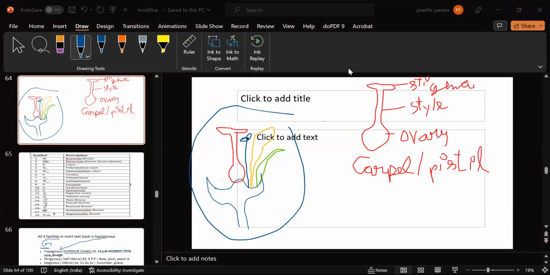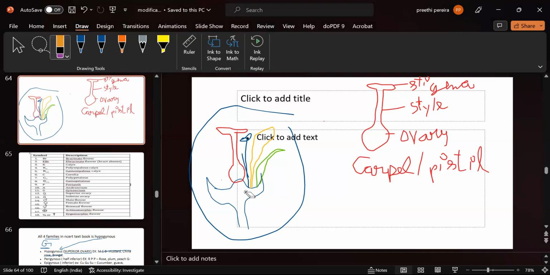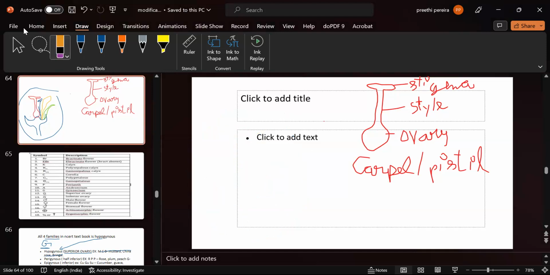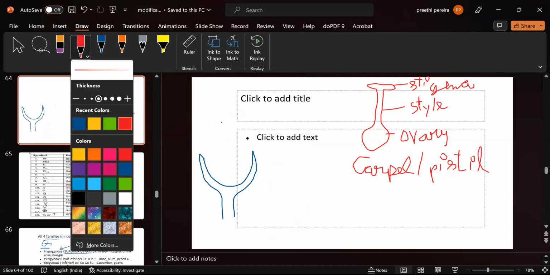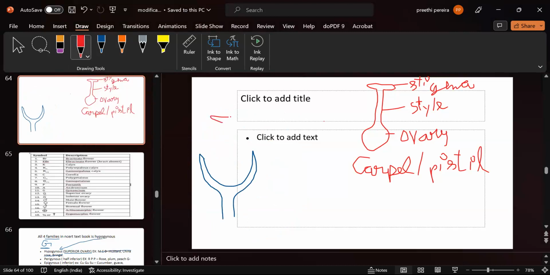Next, we are going to see a different kind of flower, in which the thalamus is like this. And this is the pistil.